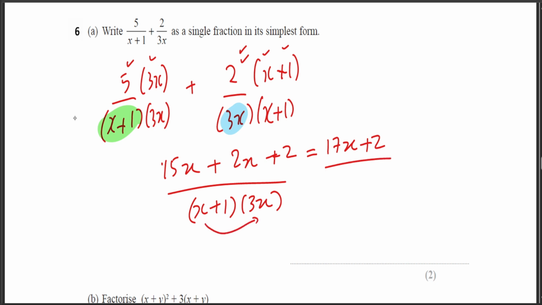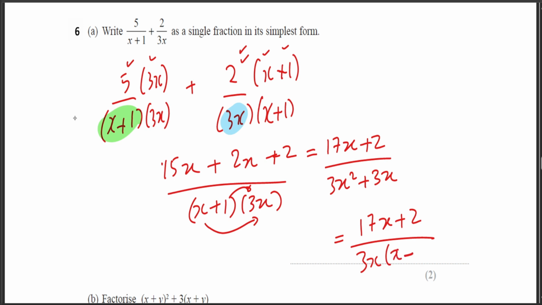So x times 3x is 3x squared, 1 times 3x is plus 3x. Yep, that is your final answer. If you write it this way also, you're still going to get a mark.